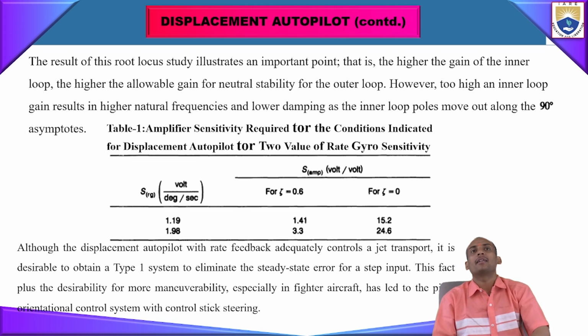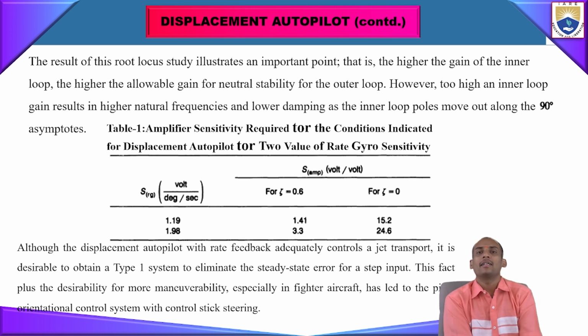So see here that the result of the root locus study illustrates that the higher the gain value of the inner loop, the higher the allowable gain for the neutral stability of the outer loop.